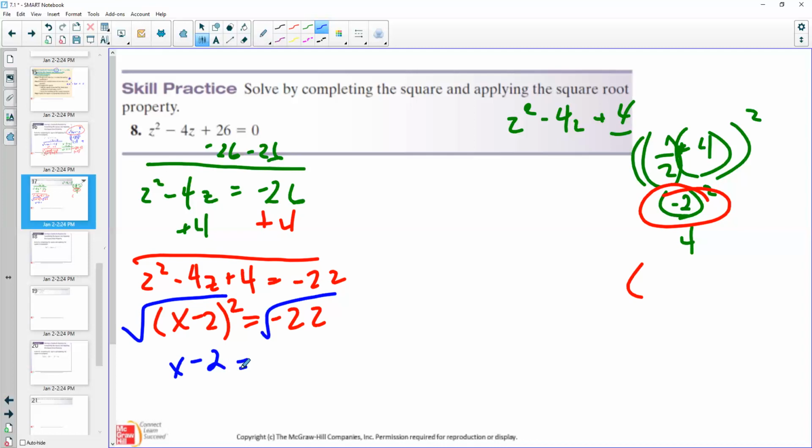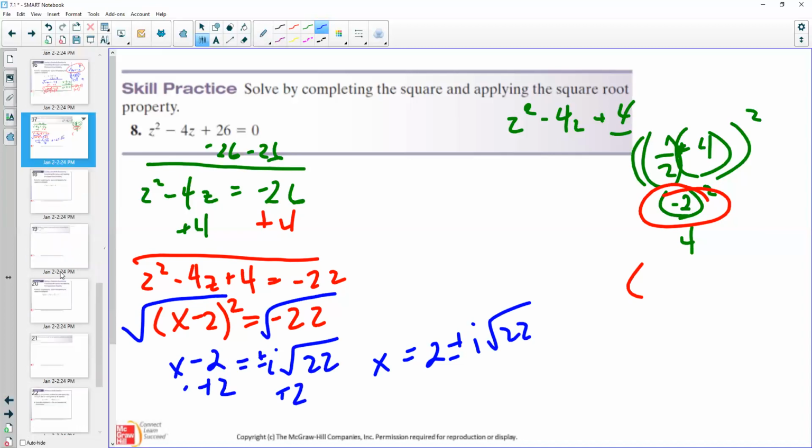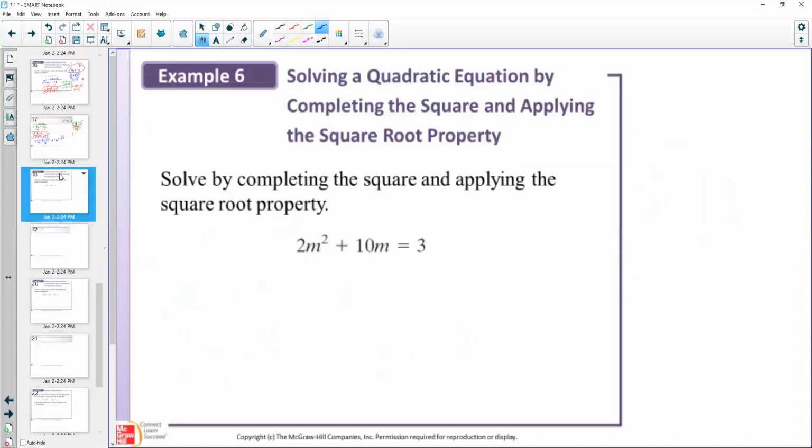Well, it's just i, plus or minus i radical 22. Okay. I'm going to add 2 to both sides. So I get z equals 2 plus or minus i root 22. That's all. Okay. Process same time and time again. The more you do it, the better you will be.